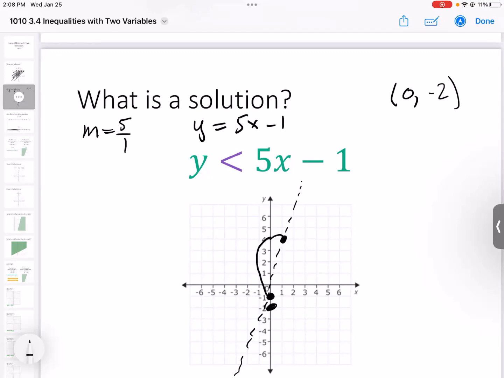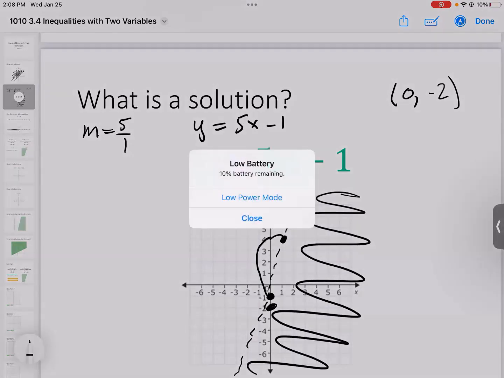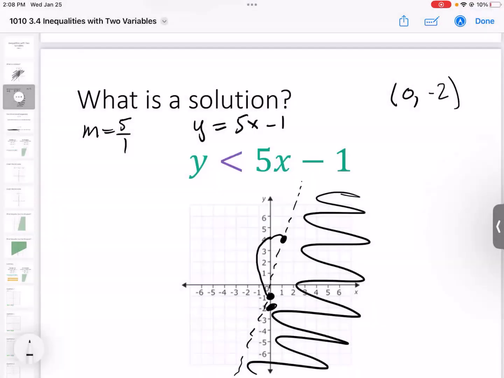Okay, cool. So now that I've graphed my boundary line, I just need to figure out which side of the line has the solutions. In this case, I know that this is a solution, so that tells me it's going to be this side. But you can choose any point on this side of the line. Like I could say 6, 2, and plug in x is 6 and y is 2 into the inequality they gave me.